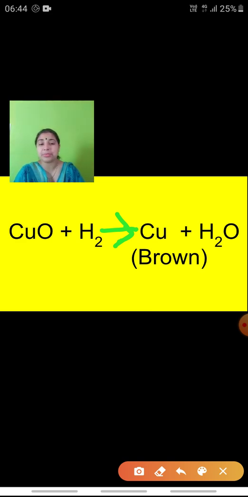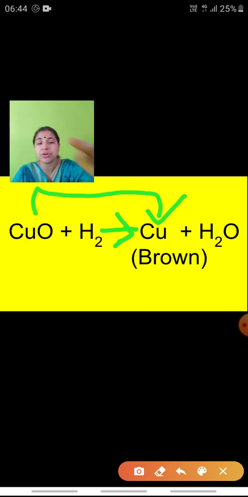Like for example, in the reaction which is displayed on the screen, copper oxide converts into copper. That means in the molecular formula, if you see, it was CuO, that is copper oxide, which converts into Cu. That means oxygen is being removed during the chemical reaction.